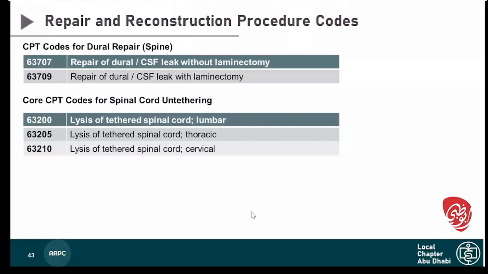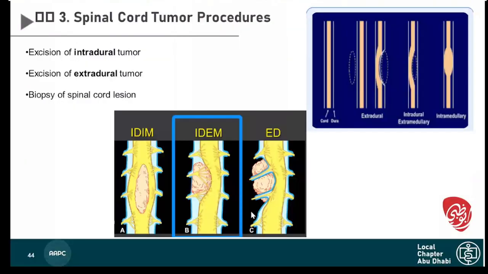Okay. Then comes spinal cord tumor procedures. Of course, we all know what a tumor is; it may be cancerous, benign or metastatic. The spinal cord tumor procedures, mainly excision procedures, are performed for spinal cord tumors.